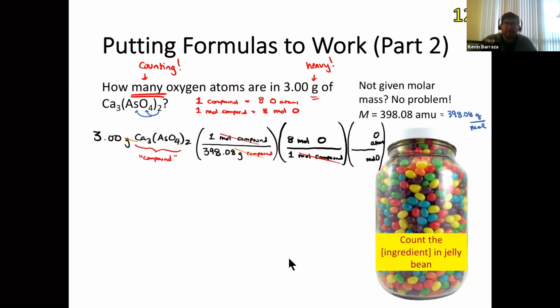To go from moles to atoms, a group of things to counting individual things, that's Avogadro's number. So that's 1 mole to 6.022 times 10 to the 23. And there we go. We cancel them out, and we plug into our formula.